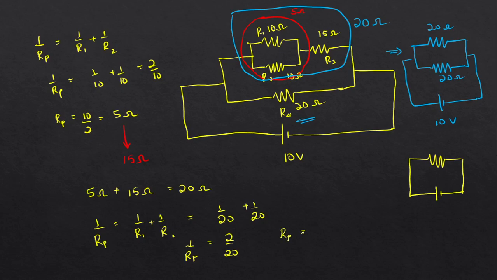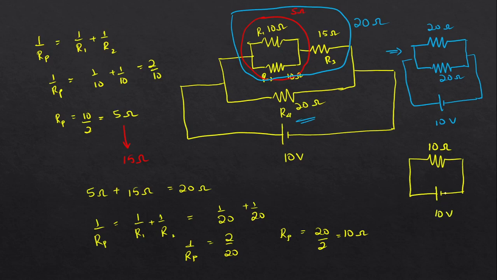So Rp will be equal to 20 by 2, which is 10 ohm. So if I take all these resistors R1, R2, R3 and R4 together, they only add up to 10 ohms of resistance. So instead of connecting all 4 of these together, I could have just connected one 10 ohm resistor and that would have done my job.